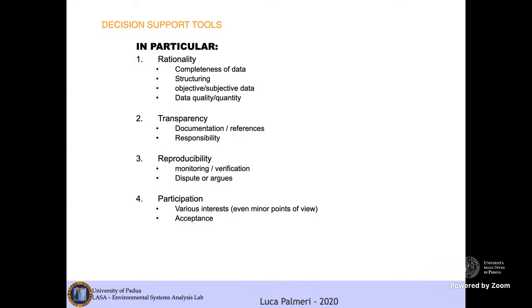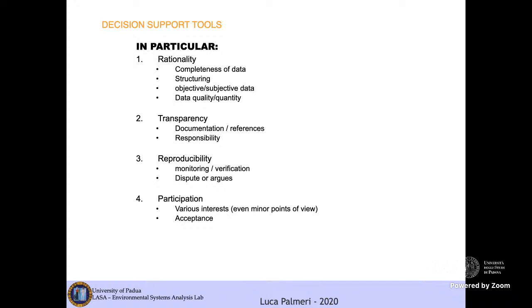Reproducibility has to do with the fact that monitoring and verification of the effects of our decision should come, as much as possible, to a unique conclusion in order to sustain the decision maker in disputes, discussions or arguments.